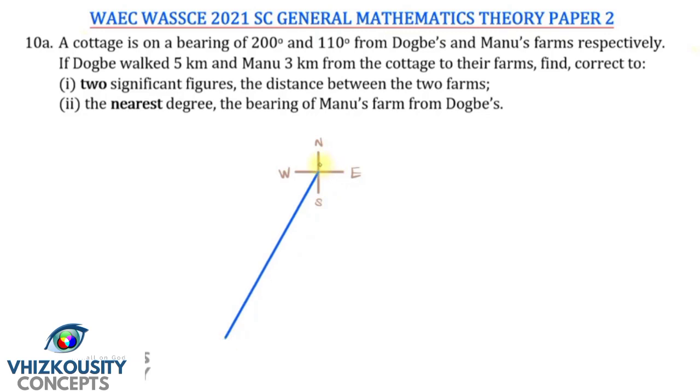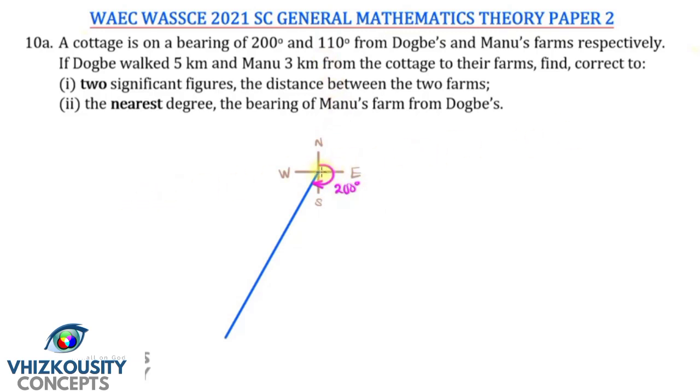So from the north to this inclination is 200 degrees. In addition to that, we're also told that from Manu's farm, it is 110 degrees. 110 is going to be in the second quadrant. Let's use this as a reference: north to east is 90 degrees, so 110 will just be 20 more than 90.